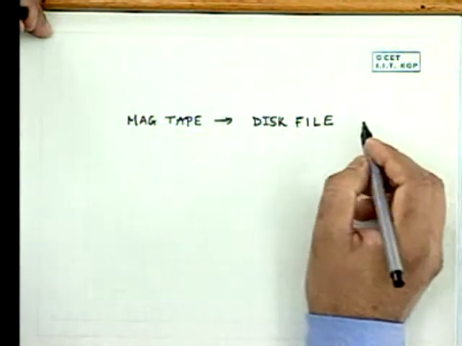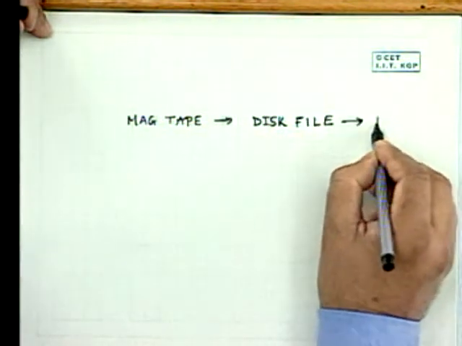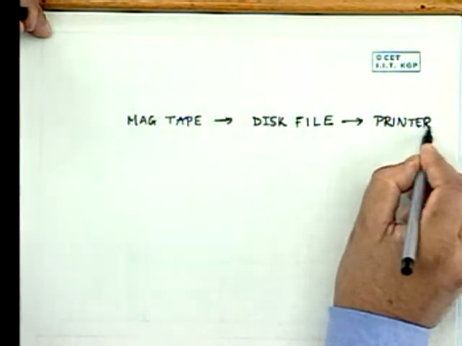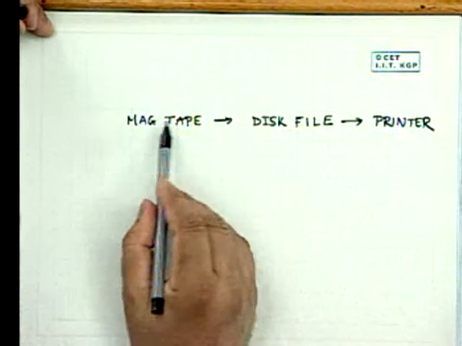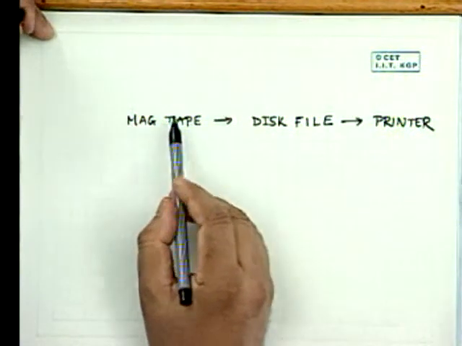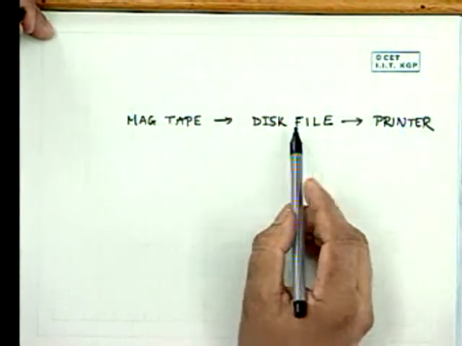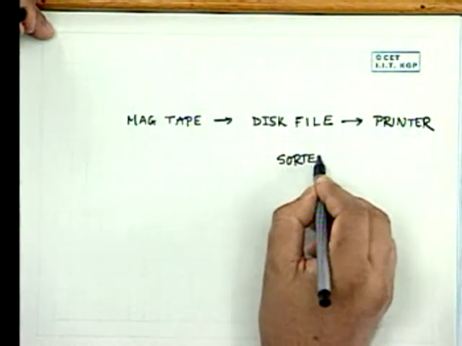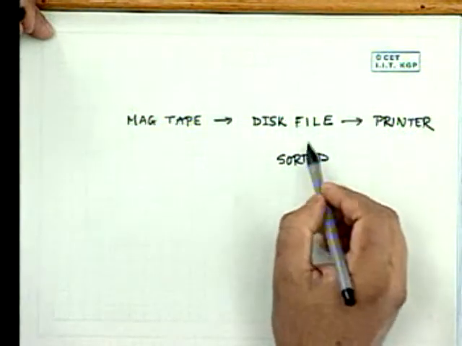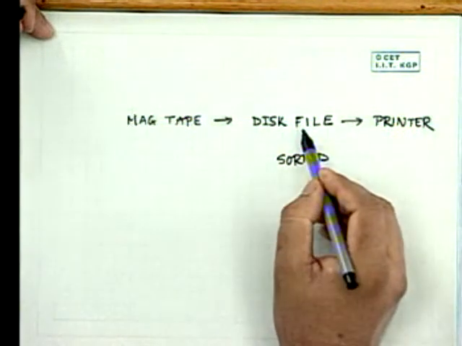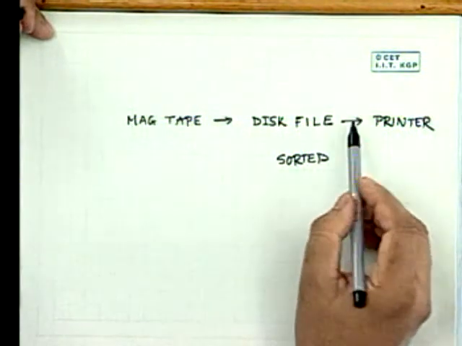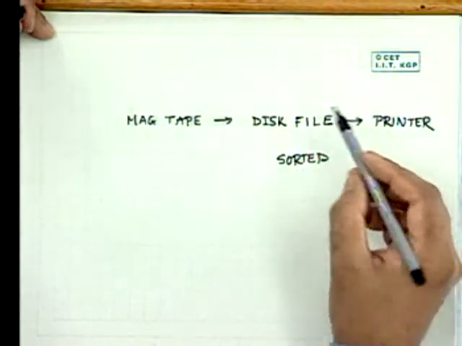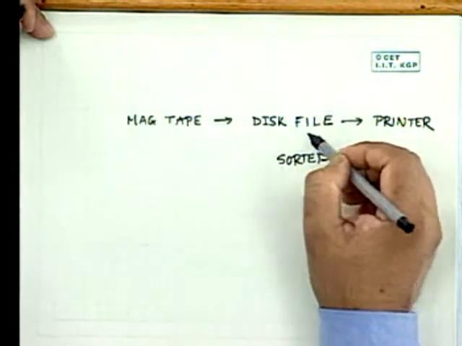The disk file is being sorted, and then it is sent to the printer. The Mac tape has some data, which is taken into a disk file. Here it is sorted, and after sorting, it's kept in another disk file, and then from that disk file, it is printed through the printing process. Maybe the same disk file or another disk file.